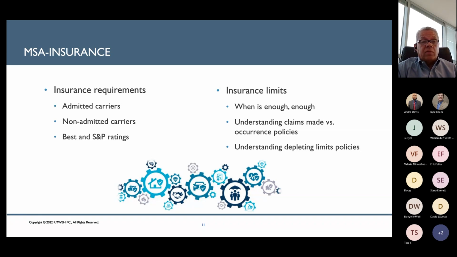So again, insurance is something that is very difficult sometimes to understand. I am not an insurance expert. I know enough to be able to look at a certificate of insurance. I know a little bit about what we think a vendor should carry in insurance. And I mentioned before that you use your professional team.